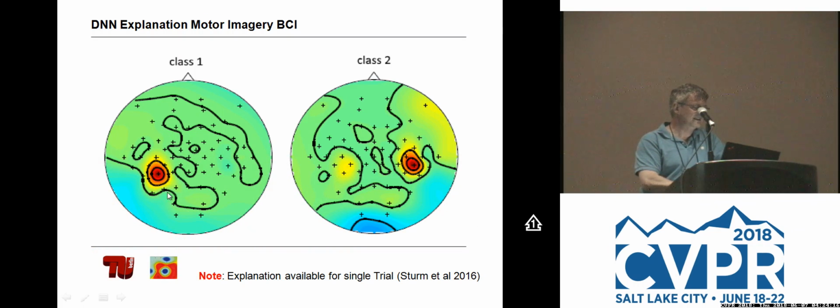For the first class, the right imagination class, our heat map says that's the area over the motor cortex that is being used for decoding, and for the left class, it's the other way. So you see that even physiologically, this model is actually able to deduce what it should be deducing, because we know how physiology works in this case.